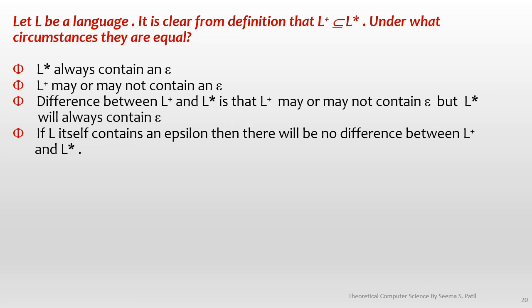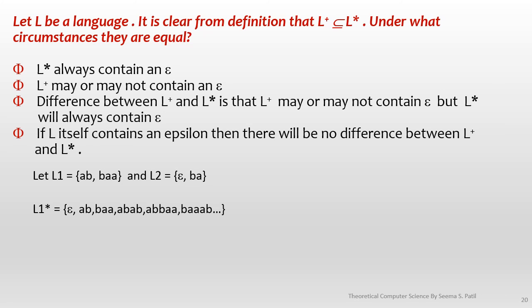Let L be a language. It is clear from the definition that L plus is a subset of L star. Means one element less than the L star. There is no epsilon in L plus. Under what circumstances they are equal? L star always contains an epsilon. L plus may or may not contain an epsilon.